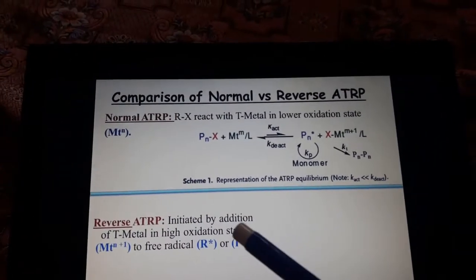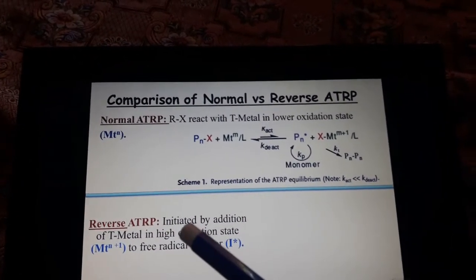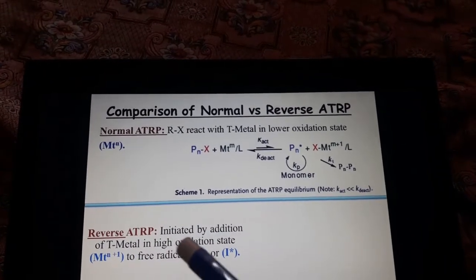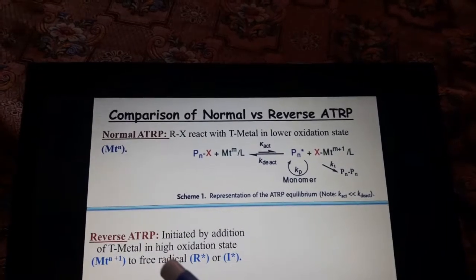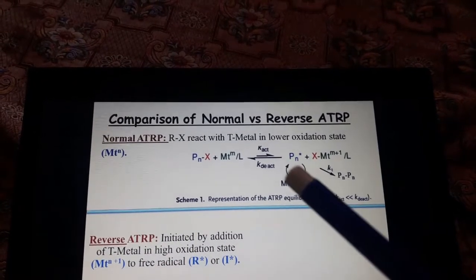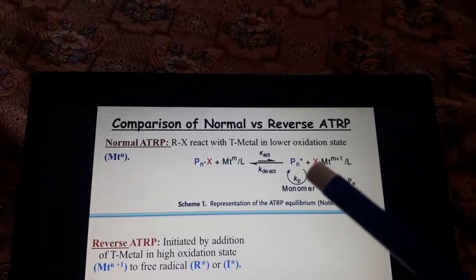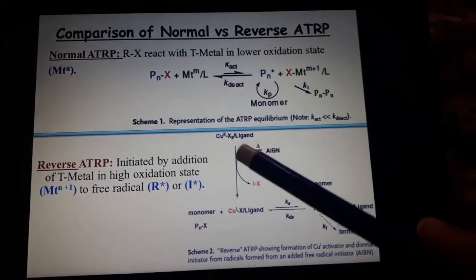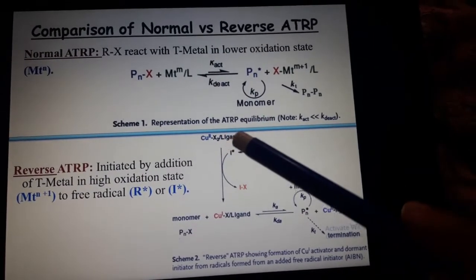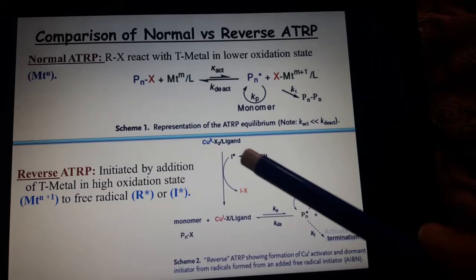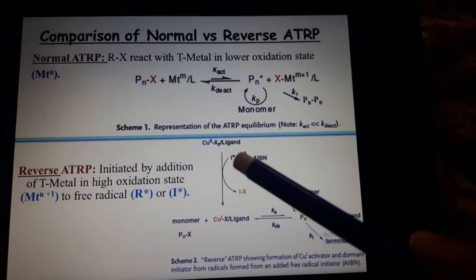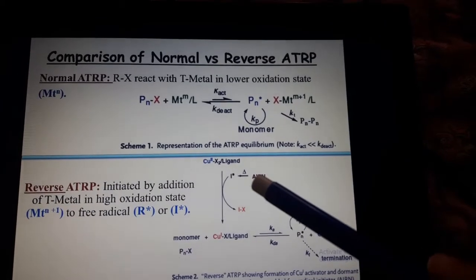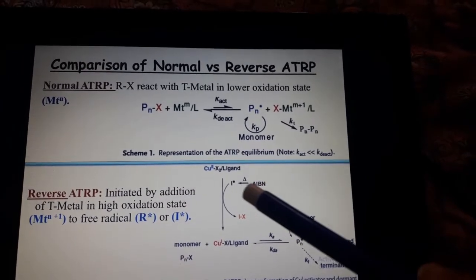Similarly, what actually happens in reverse ATRP? Everything is reversed, because this is initiated by the addition of a transition metal in higher oxidation state and a free radical. This free radical is added to the higher oxidation state, and we have the reverse direction. This is the transition metal complex in higher oxidation state. To this the initiator is added, either an alkyl halide initiator or a normal initiator, by decomposition of the initiator species.